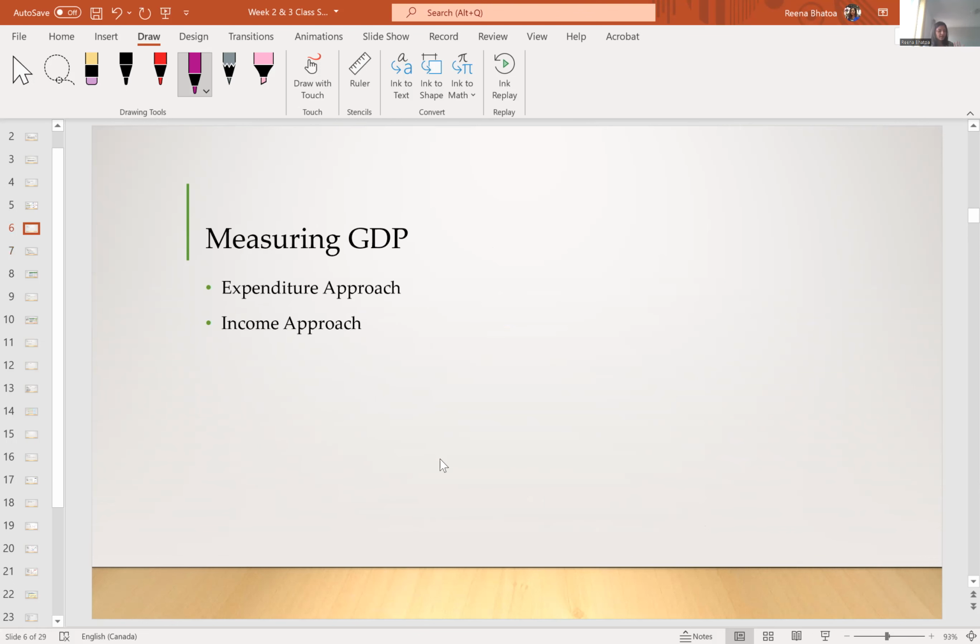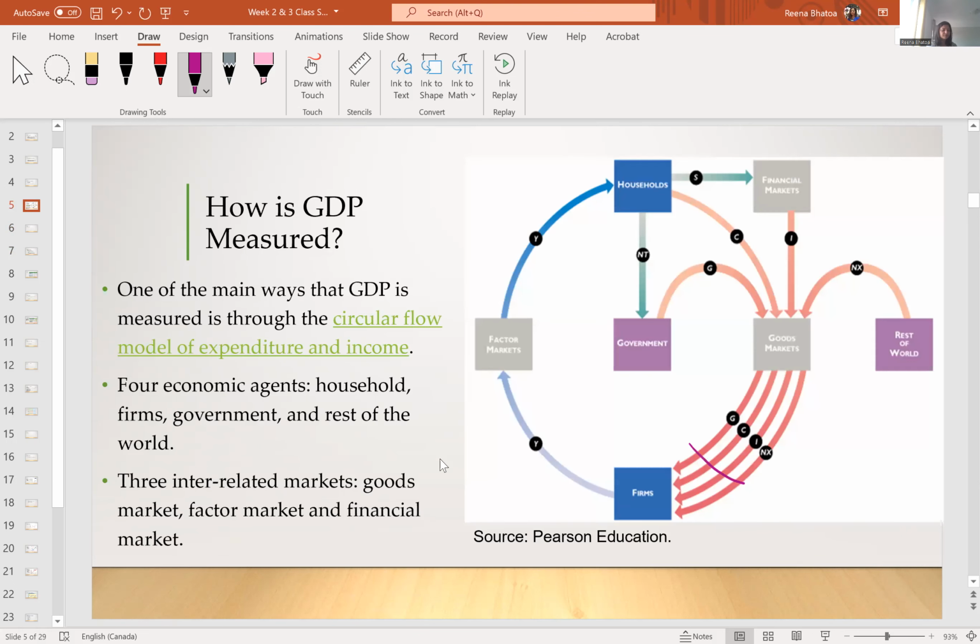Okay, going back to the circular flow model, this side is the expenditure side on circular flow model, and C plus I plus G plus NX, right? That makes the gross domestic product using expenditure method, right? And remember, one person's expenditure is other person's income, right?